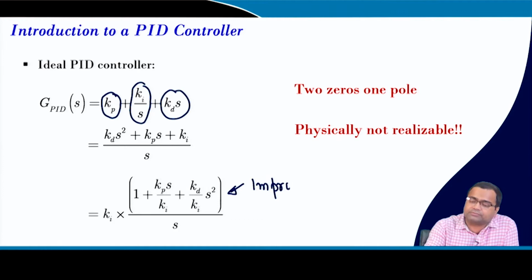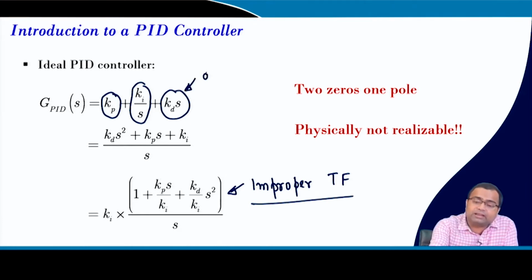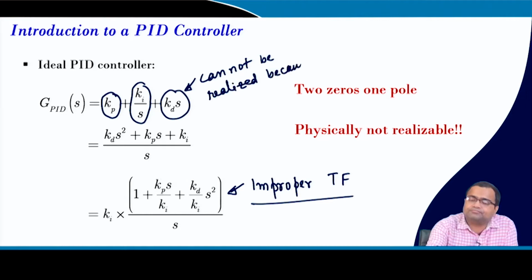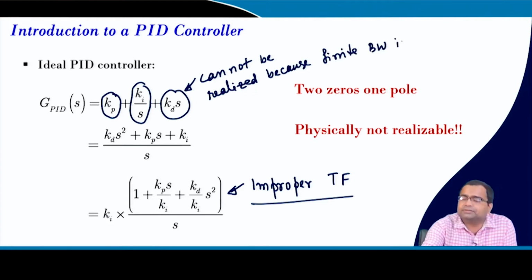In fact, an ideal derivative cannot be realized because of the finite bandwidth in an op-amp, right.